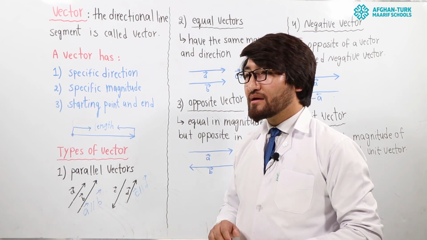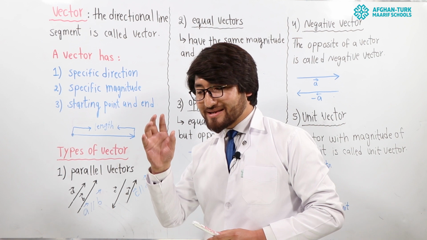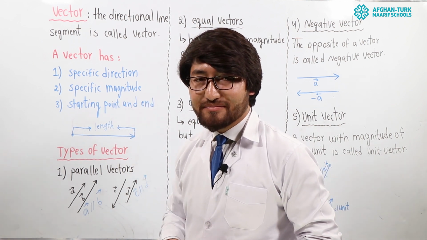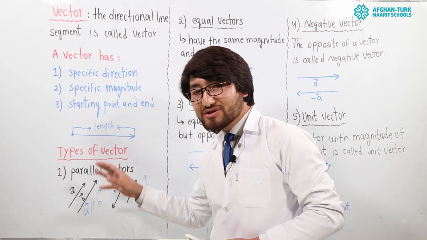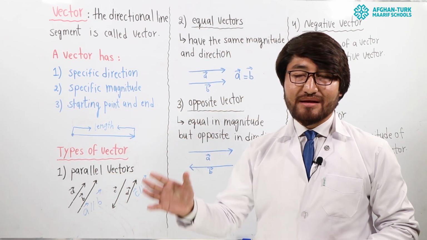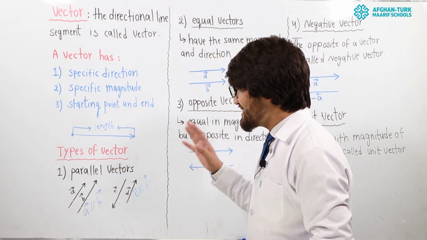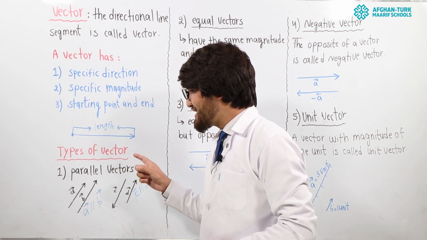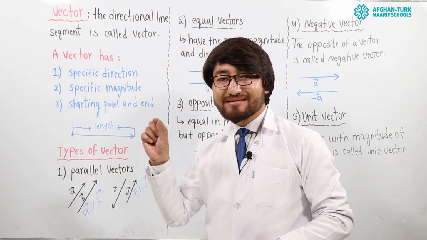It means vectors that cannot cut each other. The direction and the magnitude are not important. Maybe the direction is the same, the magnitude also the same. It doesn't matter. But remember this point: parallel vectors cannot cut each other.